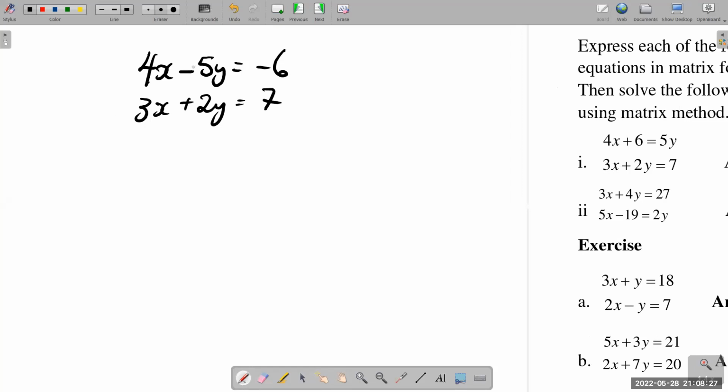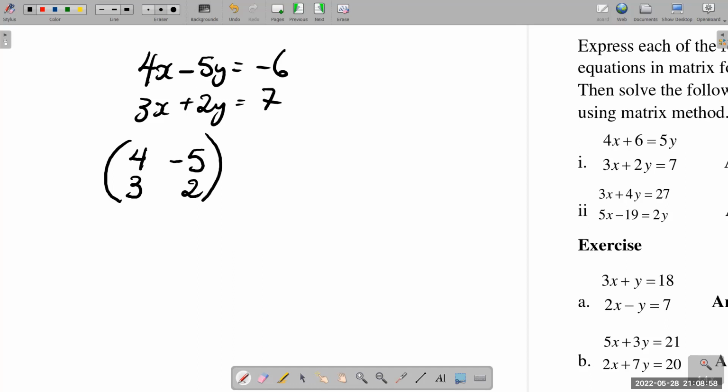So first thing first, everybody see the coefficients. What are the coefficients? So you're going to use the coefficients of each term and create one matrix. So we're going to use 4, we're going to use -5. And why do we use -5? Because here it's not plus. If it was plus, it would have been positive. Then we got 3, and then we got 2.